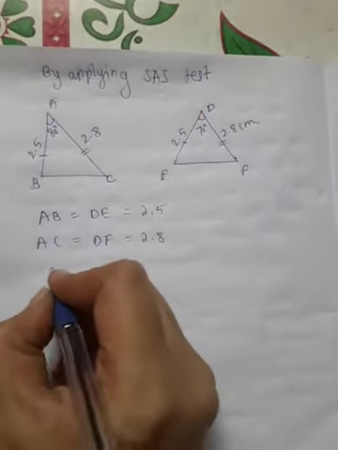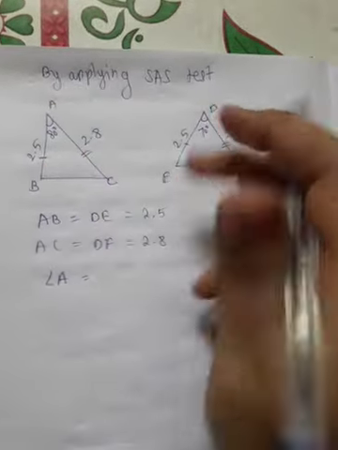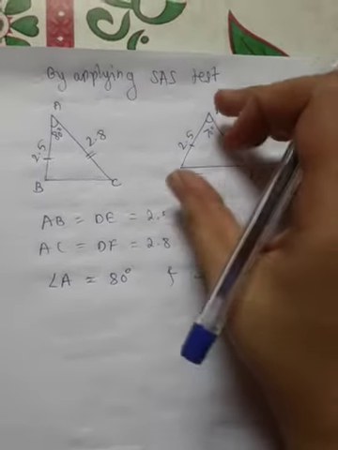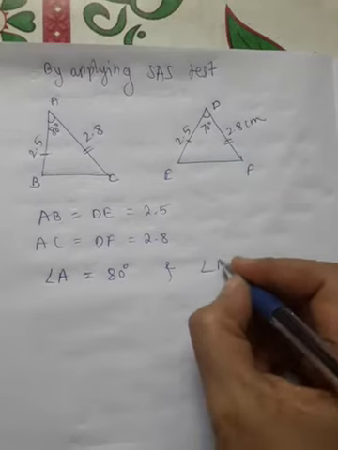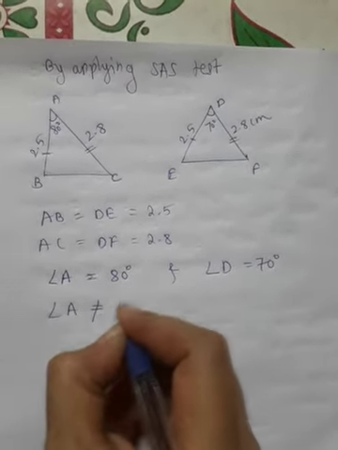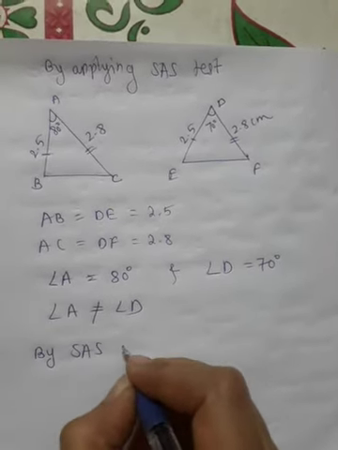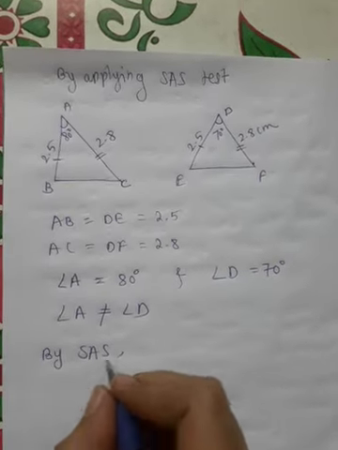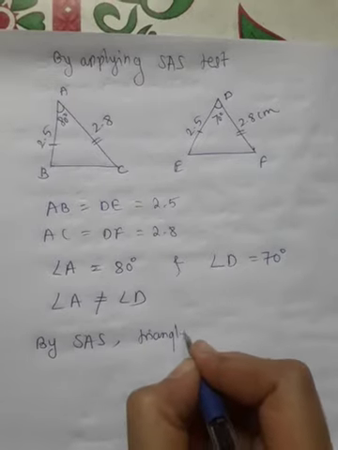The angle included between sides AB and AC is angle A, which is 80 degrees, and the angle included between sides DE and DF is angle D, which is 70 degrees. So angle A is not equal to angle D. So by the SAS criteria, these triangles are not congruent.